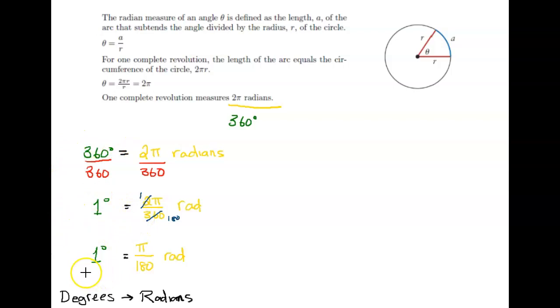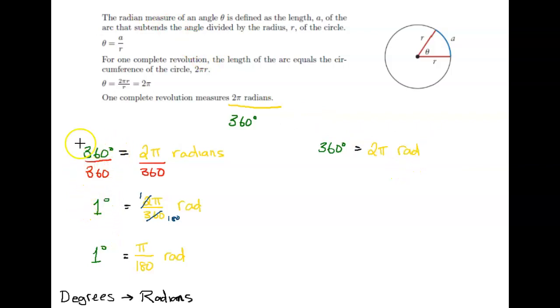But what about the other way around? What if we wanted to find the unit rate for radians? So let's do that again. I'll take 360 degrees. That is equal to 2 pi radians. Now, instead of isolating for the unit rate for degrees, we're going to find the unit rate for the radians. Well, what did we do over here?